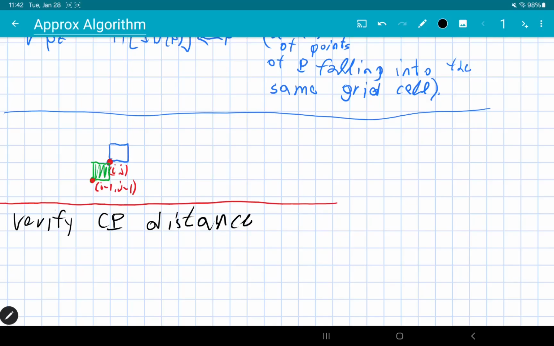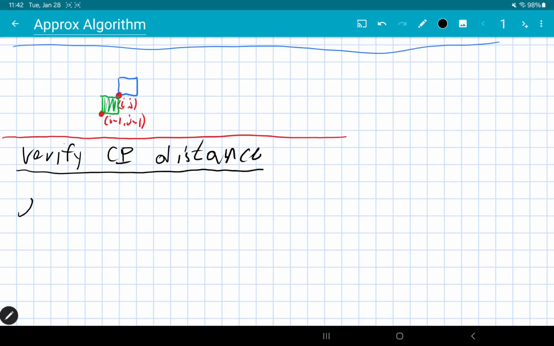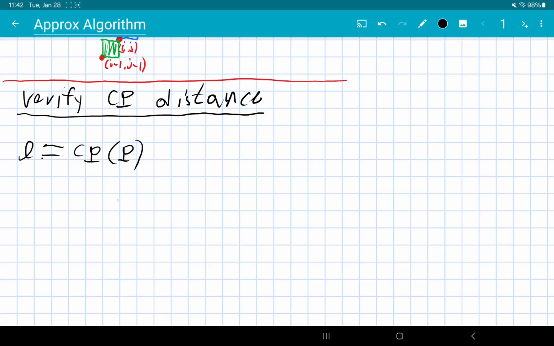Okay, so assume that somebody gave us a distance L and claimed that this is the closest pair distance of P. Okay, and all we want to do is to verify whether it is correct or not, right? So the most natural thing to do is we're going to use a grid with side length L, right? By the way, the natural grid of side length L, we're going to write it as G subscript L.